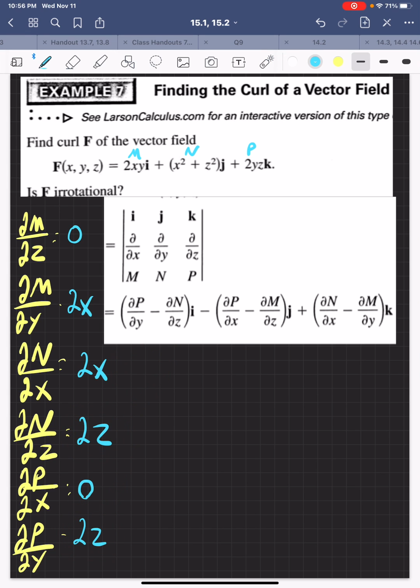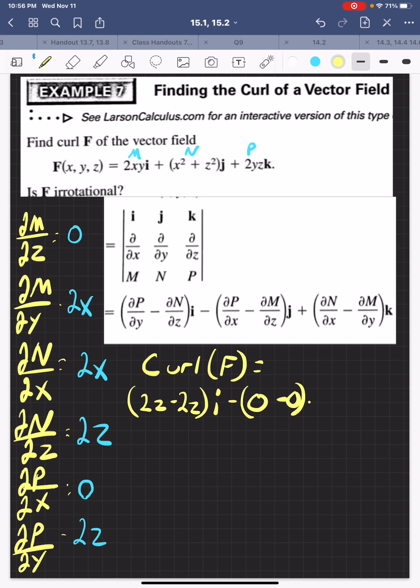So ready? So this is the curl of F. This curl of F is going to equal the following. So it's going to be 2z minus 2z minus, okay, now continuing to plug in, that's going to be 0 minus 0, j.